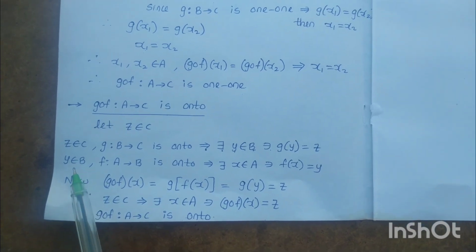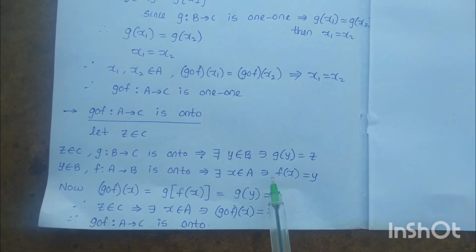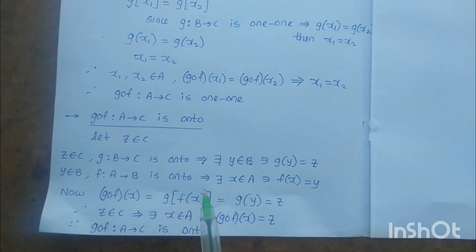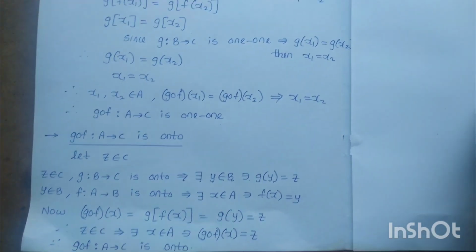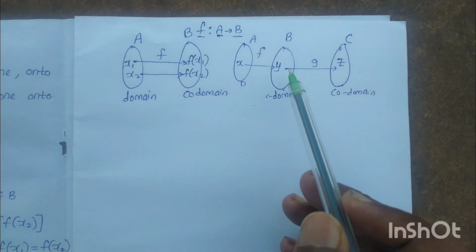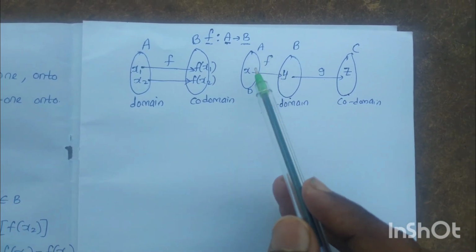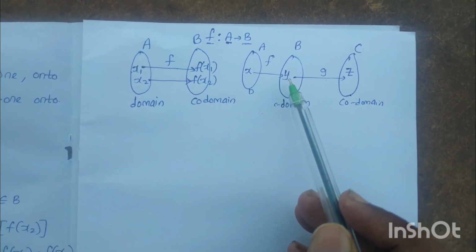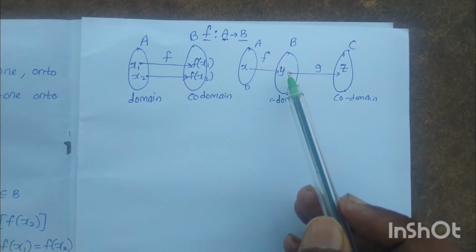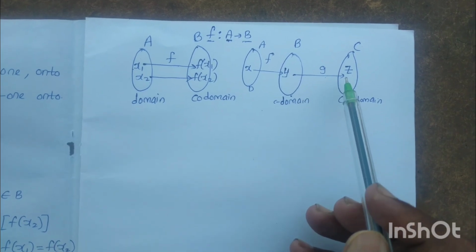Similarly, suppose one element is there in B, that is y, compulsorily one element should be there in A. Why? Because the given f maps A to B is also an onto function. So here you see, if y is there in B, compulsorily one element should be there in A which is mapping to this y. So that's why we can write f of x is equal to y, just like what we have written here. g of y is equal to z we have written, right?